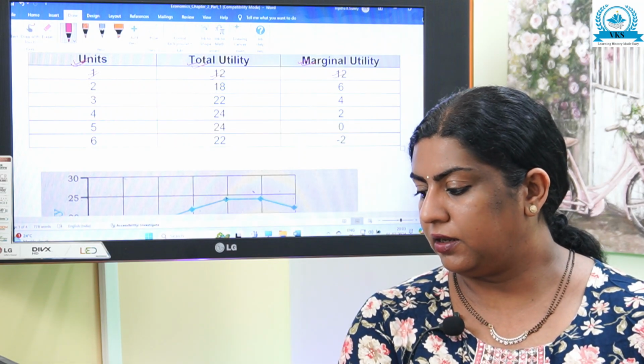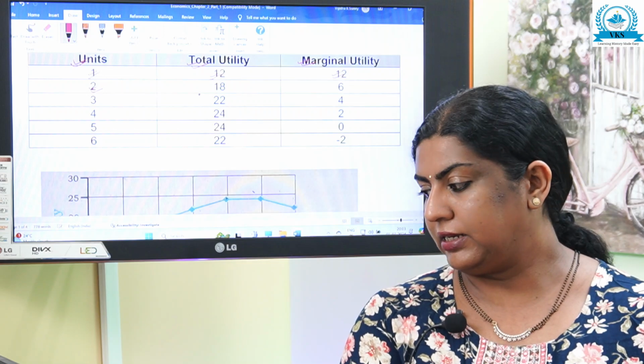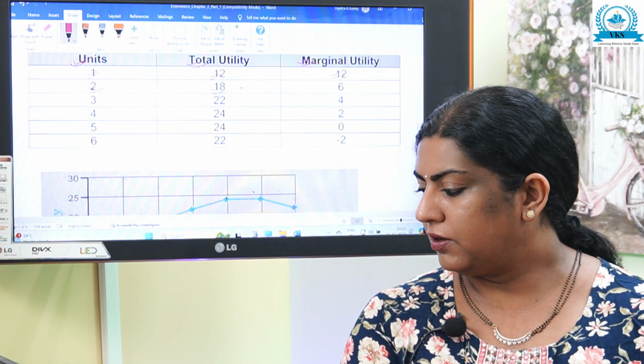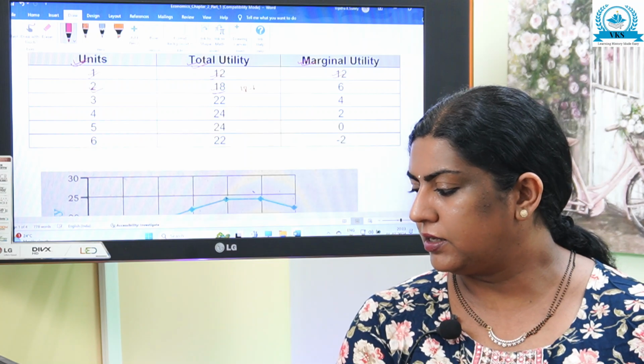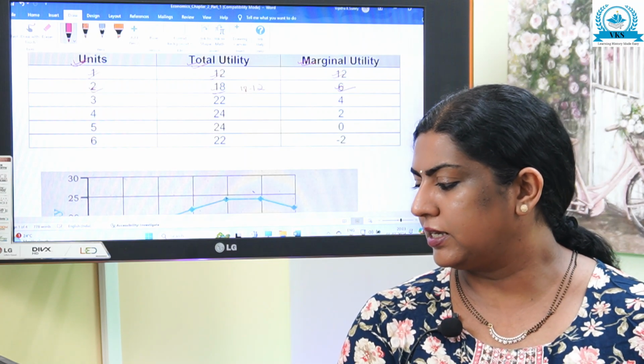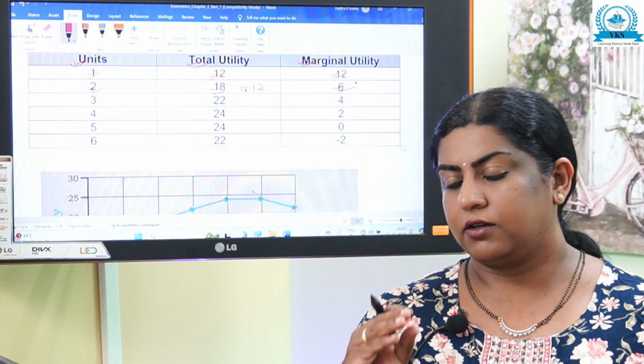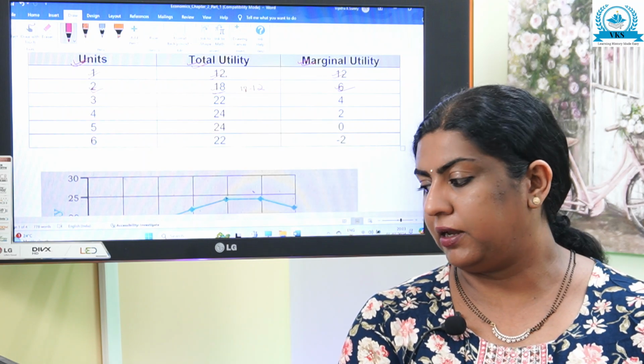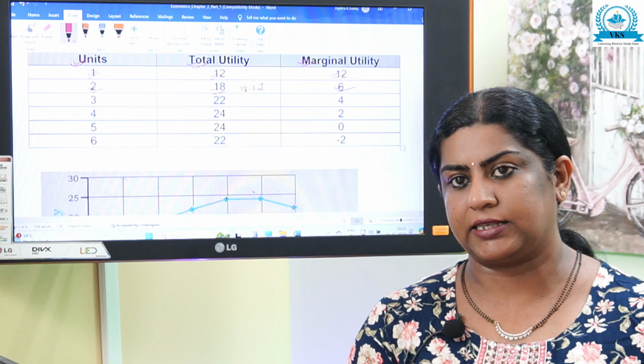When the second banana is consumed, total utility increases to 18, and what is marginal utility? Here we know 18 minus 12, that is 6. We have studied that total utility of n minus total utility of n minus 1, 18 minus 12, 6.